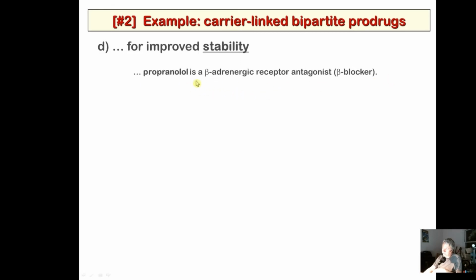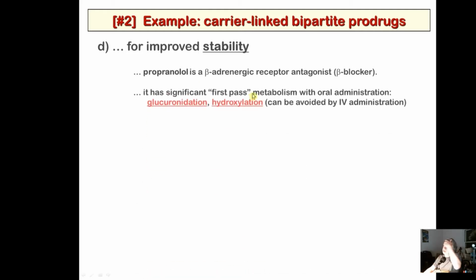So they inhibit the beta adrenergic receptor, and this is used kind of as an antihypertensive drug. So it's significantly metabolized through first pass mechanisms when taken orally. So we get glucuronidation, hydroxylation. This can all be avoided if the drug is taken IV.